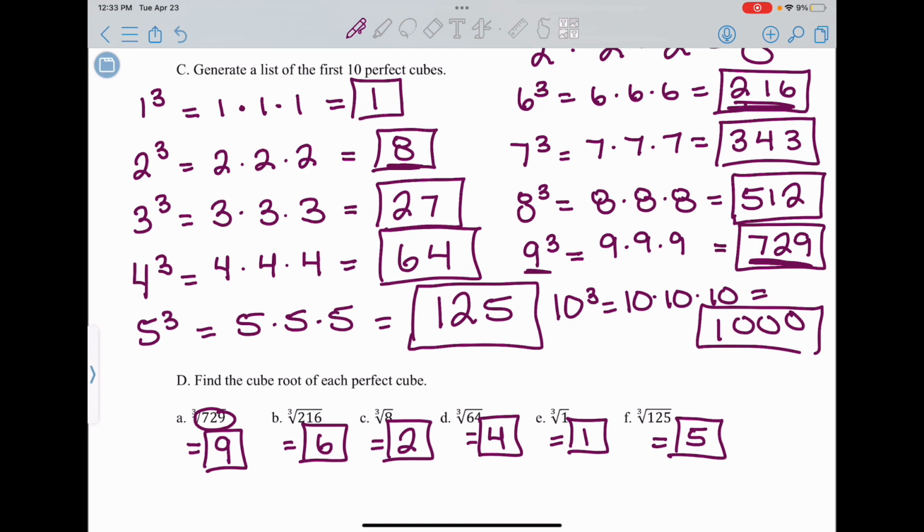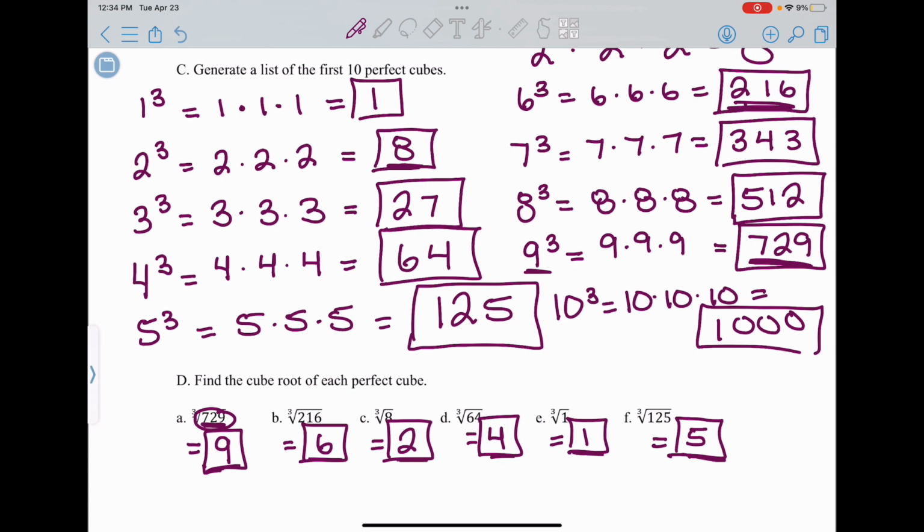We call them perfect squares and perfect cubes because when I find the square root or the cube root of these numbers, my number is perfect, which means notice how I got 9, 6, 2, 4, 1, 5. None of those were a decimal because there exists a number that when multiplied by itself 2 times or 3 times gets me the number on the inside.